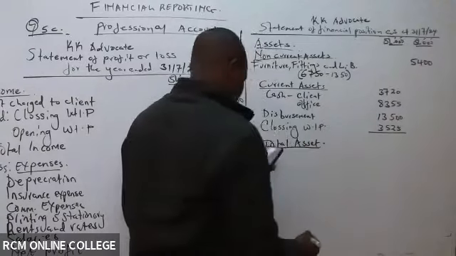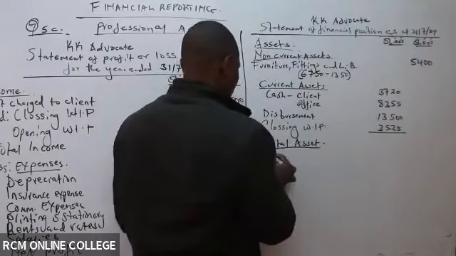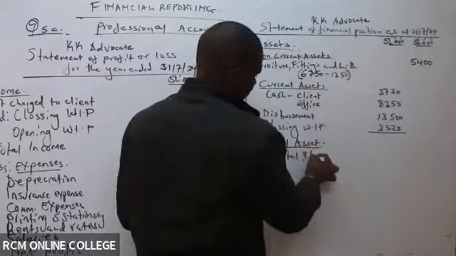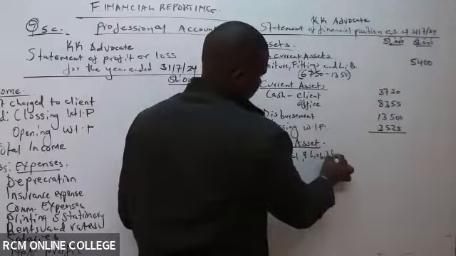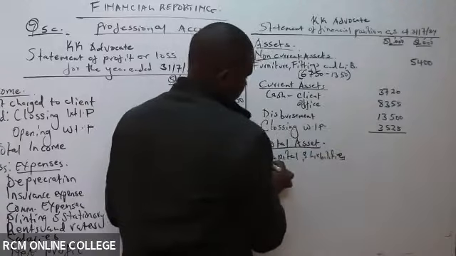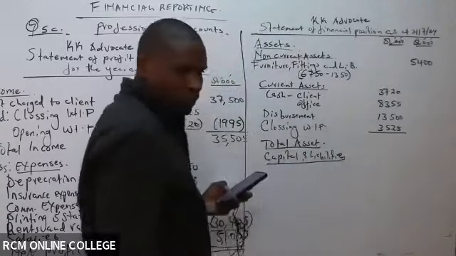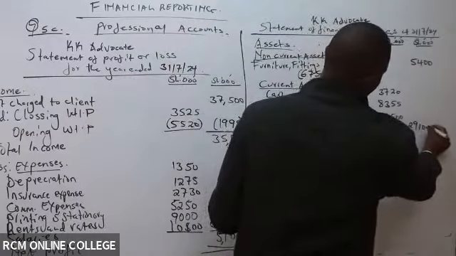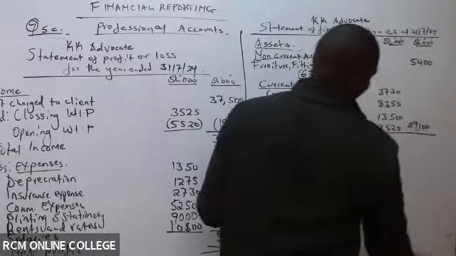Then we look at capital and liability. So what's the total? 29,100.